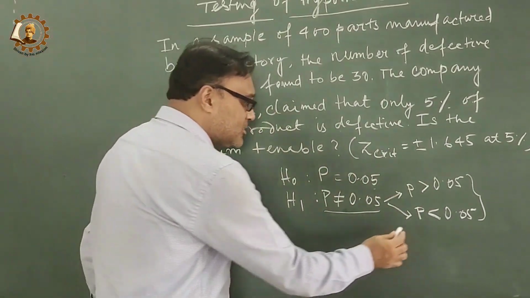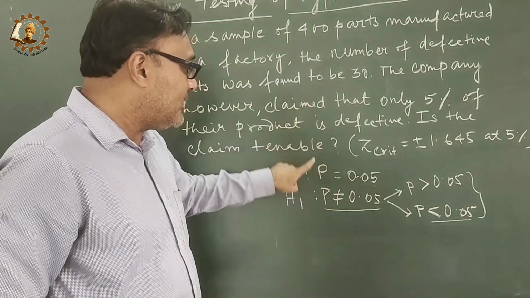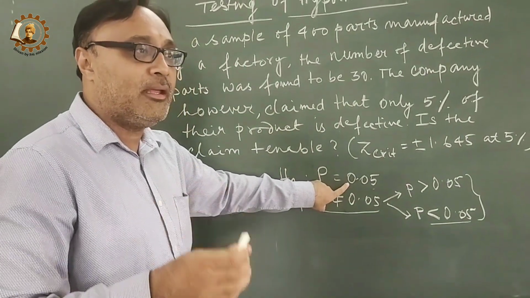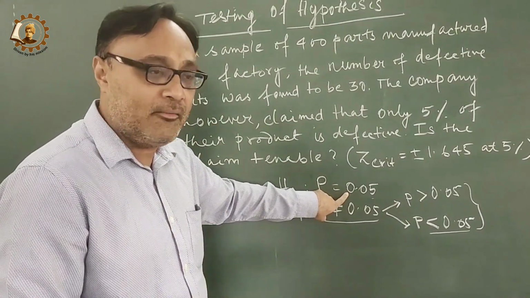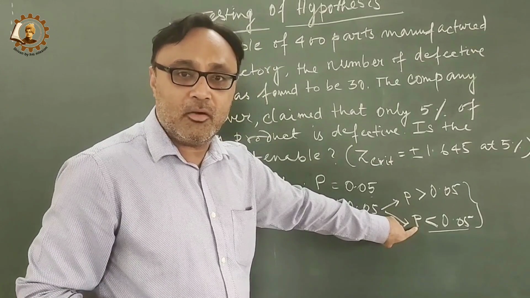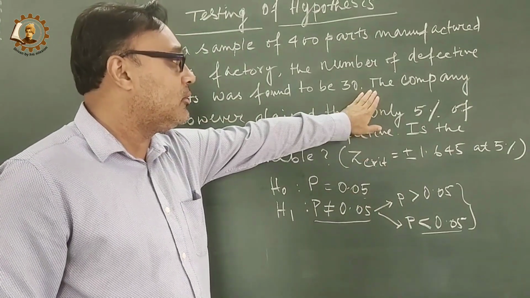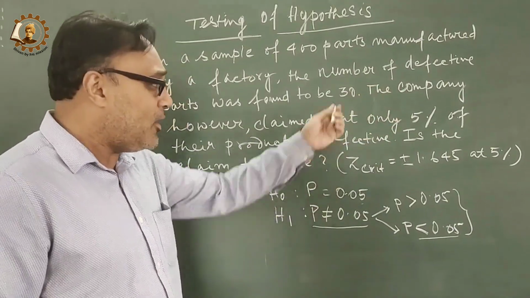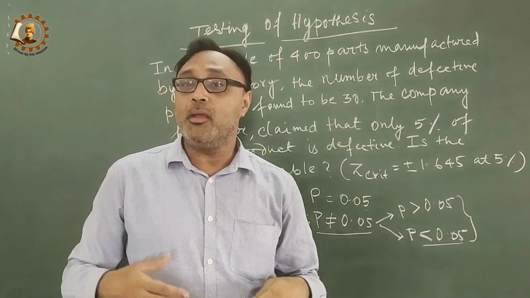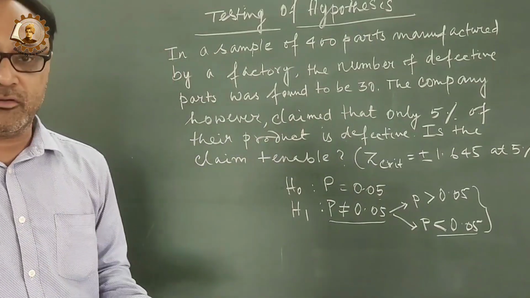Now if this is true, say the person is claiming that 5% of its total product is defective, and here we are finding out that P is less than 0.05. That means it is less than 5%. So obviously I am going to say that the company may not be true, but the company is not doing any harm by speaking false, isn't it?